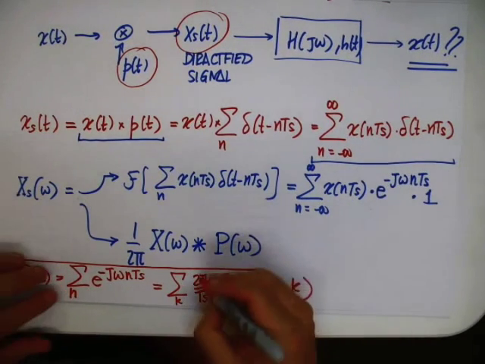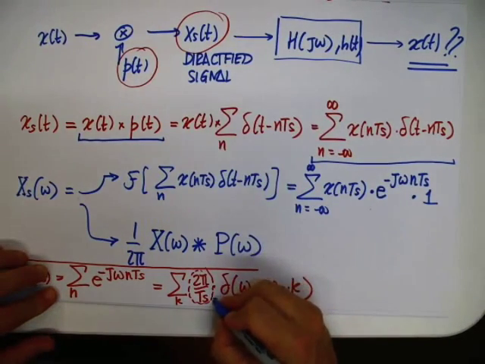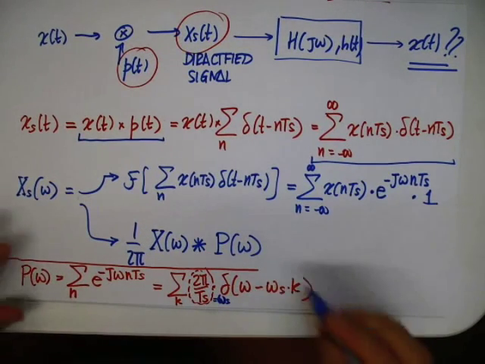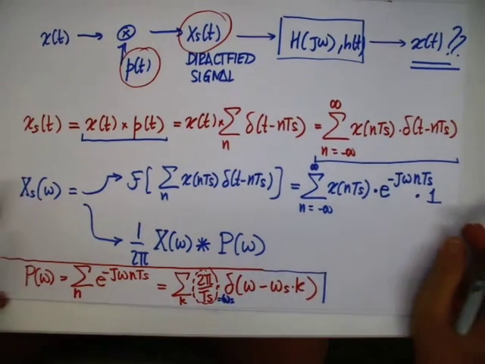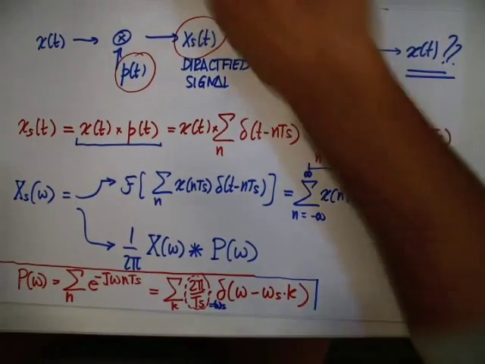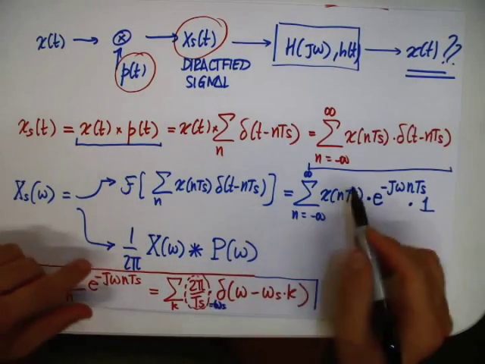And of course, this quantity here is basically omega_s, okay? So again, that's what we learned from the previous calculations. Now, these are equivalent.